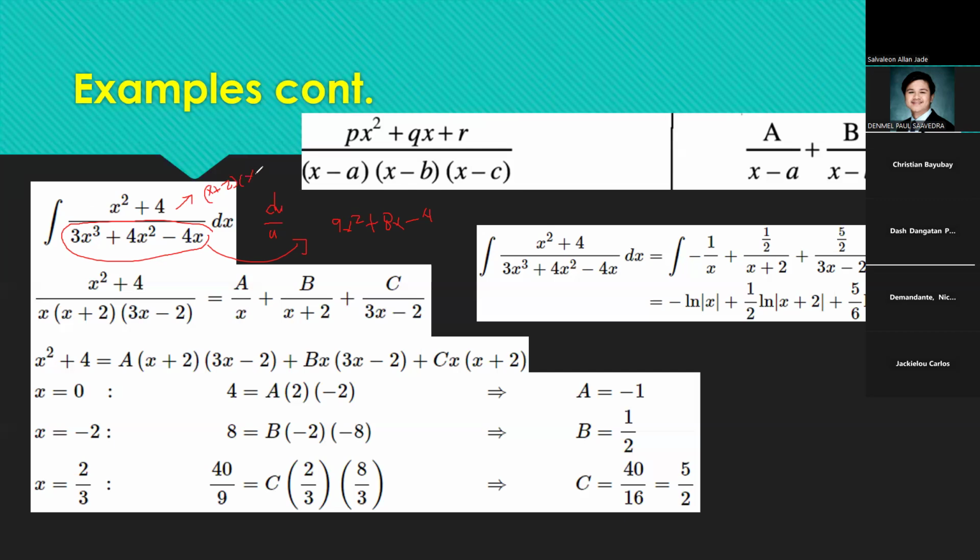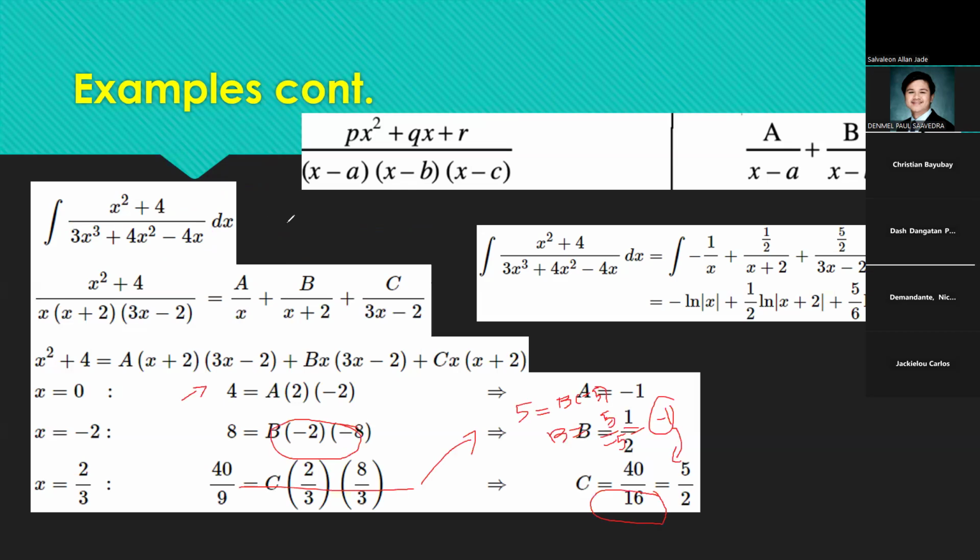But what about this one? Seems that it's not. We can have 3x minus 2 and then 3x plus 2, but that wouldn't give us the exact number for the middle part. As to why, du over u is not possible.